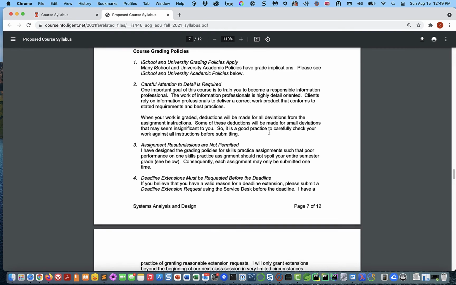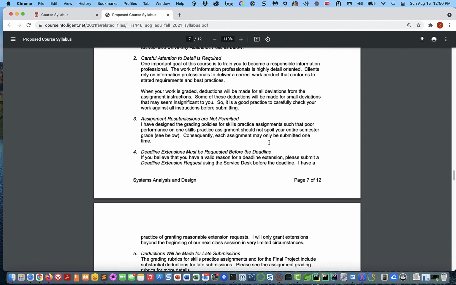Assignment resubmissions are not permitted, so you hand an assignment in one time. The deal that I've offered on the grading of skills practice assignments should keep you from having one bad day ruining your entire course grade. So instead of regrading these things all the time, we're going to grade them once, okay?